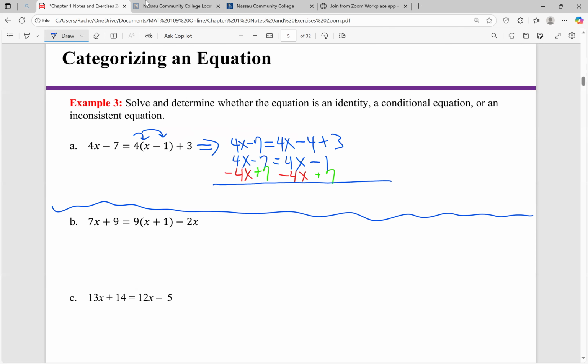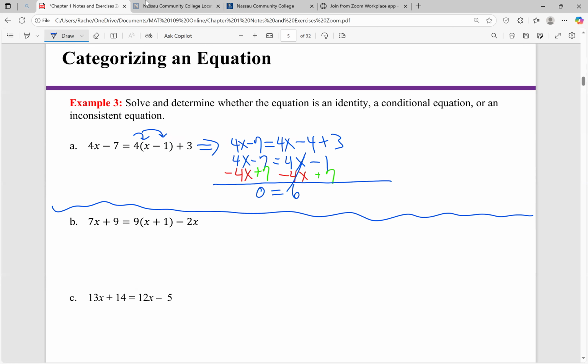So on the left, I'm going to end up with 4x minus 4x, which is just 0. And then a -7 and a +7 is also going to be 0, right? So on the left-hand side, I have 0. And then on the right-hand side, I'm going to have -1 plus 7, which is equal to 6.